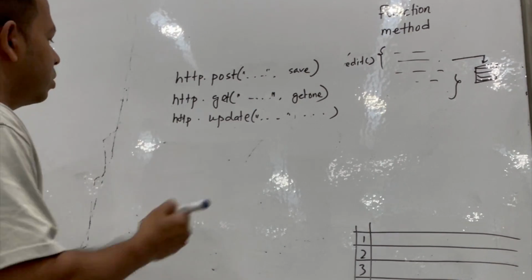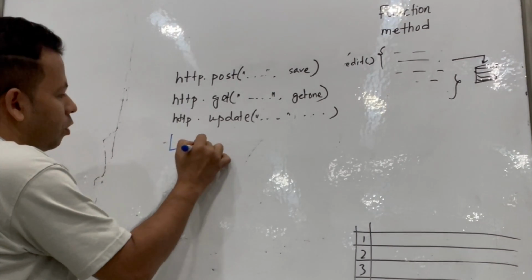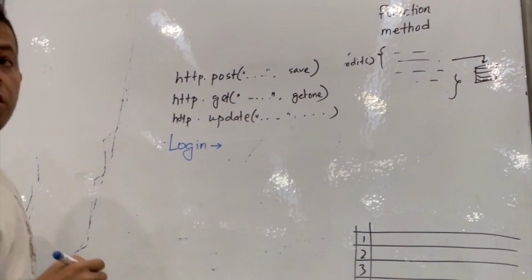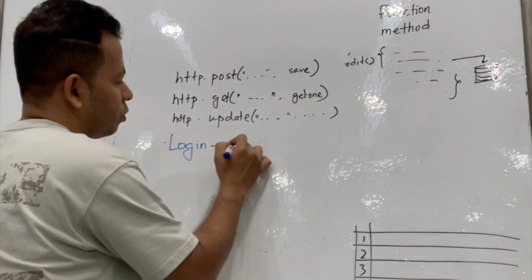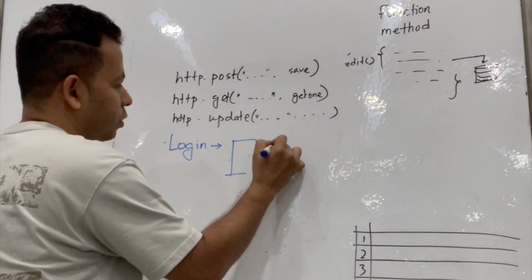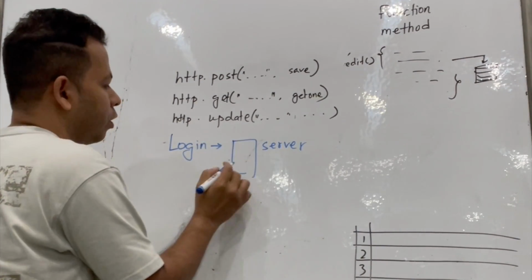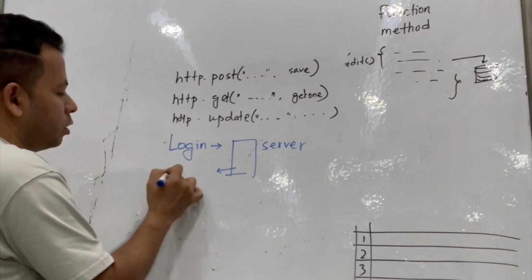So what happens when we log in? The server in general returns us something. When we talk to the server, so this is our server, when we log in, the server returns us a token.